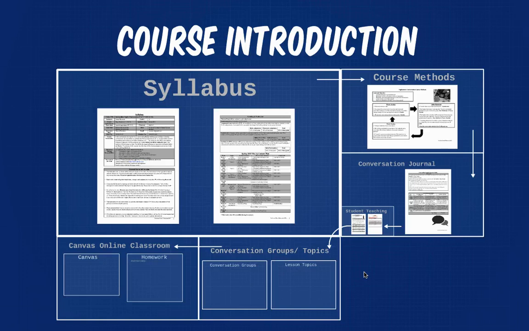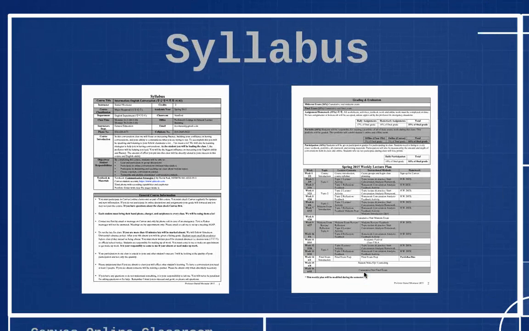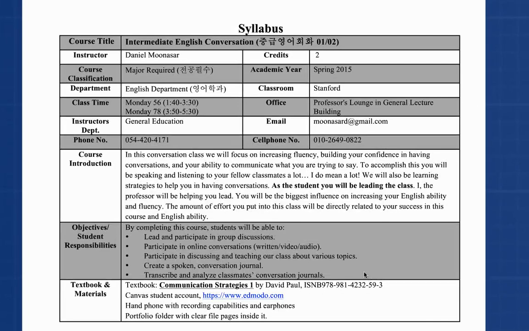Let's begin. Let's take a look at our syllabus. This is our syllabus. There's some important information and not important information, so let's go over it. Over here is my email address.